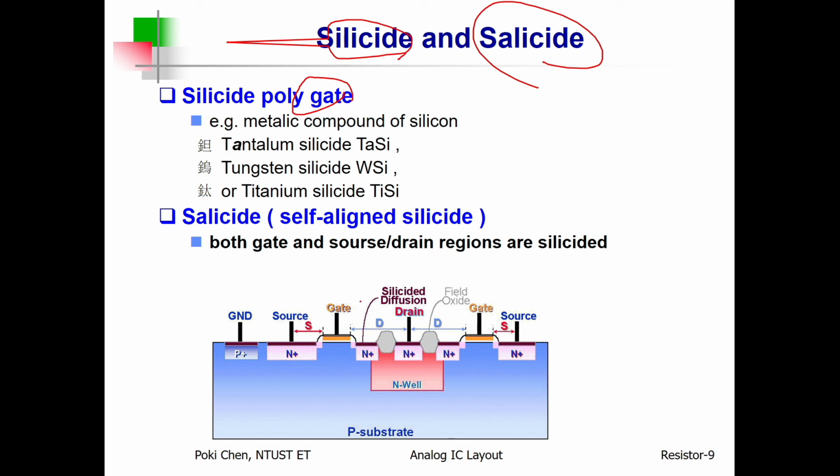Just above the surface of the poly gate, we would like to have some kind of metallic compound of silicon, like tantalum silicide, tungsten or titanium silicide. Tantalum, tungsten, titanium, we can use all kinds of metal compounds and grow them right above the gate. Because they are in parallel, the effective resistance of the gate itself can be greatly reduced. Because all those silicides are fabricated above the surface at the top of the gate, they are connected in parallel.